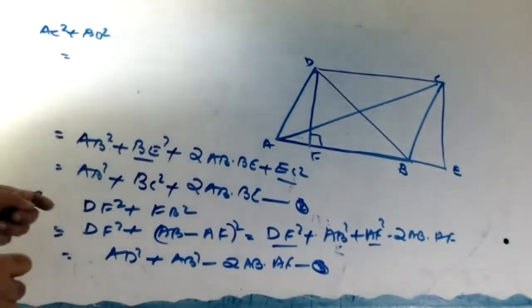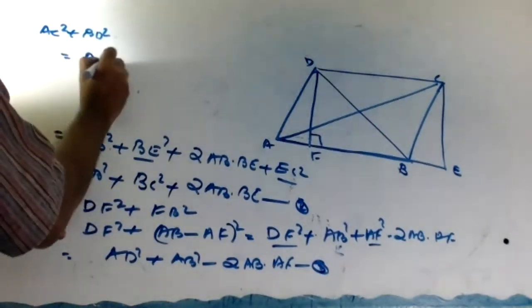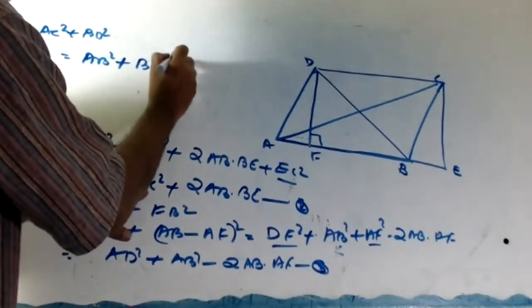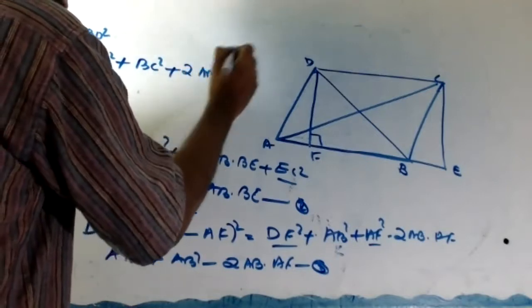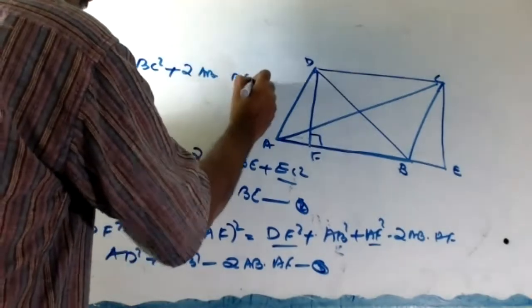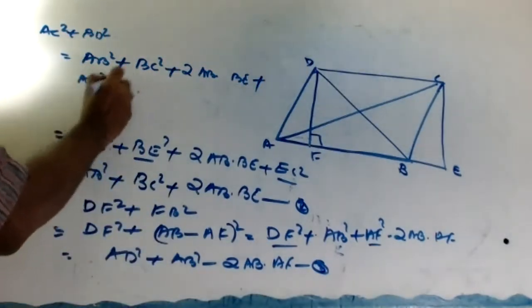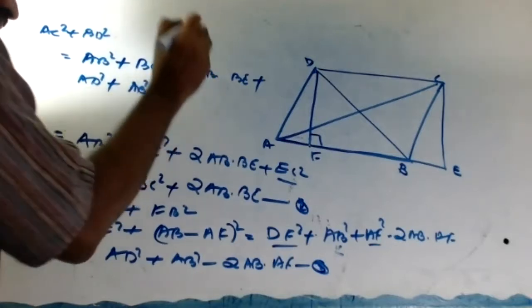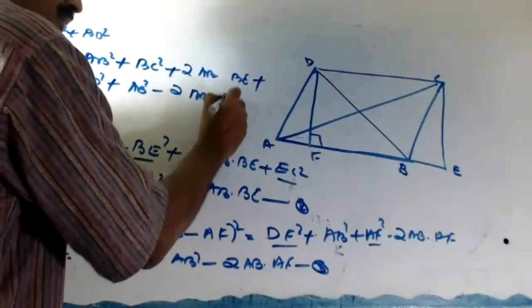Okay, AC square what? AB square plus BC square plus 2 AB into BE plus AD square plus AB square minus 2 AB into AF.